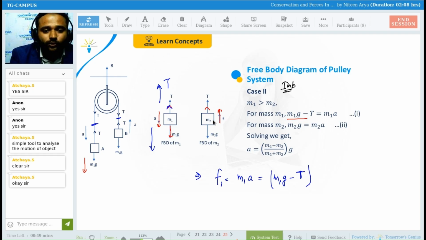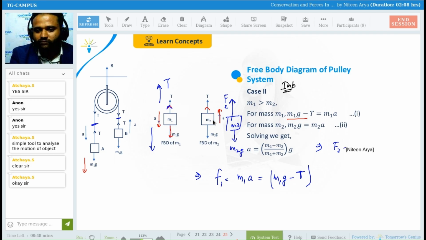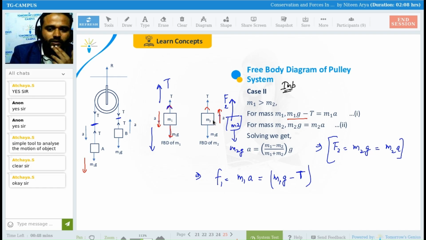And obviously m2 is going to be upward, so this m2g is taken care of with this net force, which is accelerating this mass in the upward direction. So F2 is m2g is m2a. Clear?